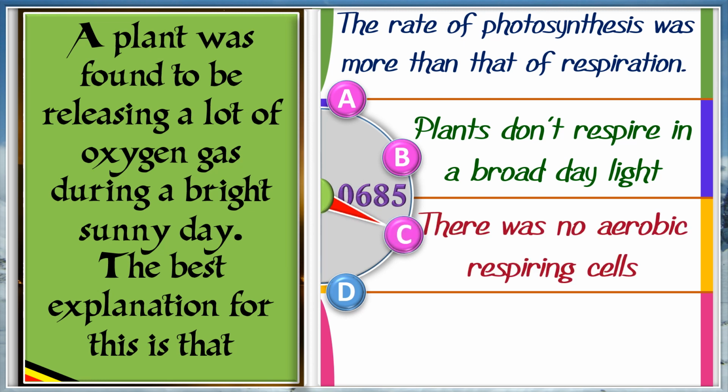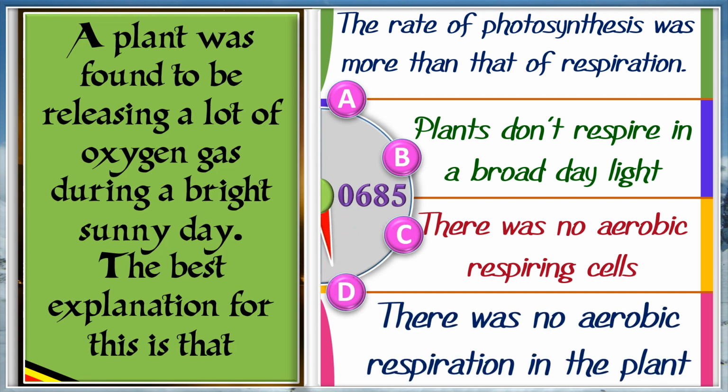C. There were no aerobic respiring cells. D. There was no aerobic respiration in the plant. And the answer is A. The rate of photosynthesis was more than that of respiration.